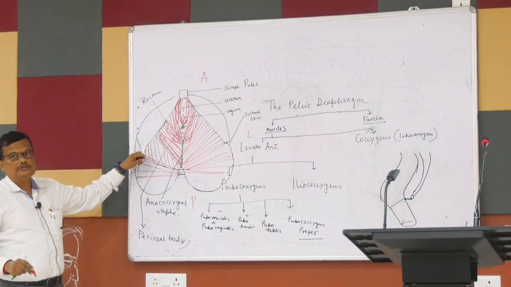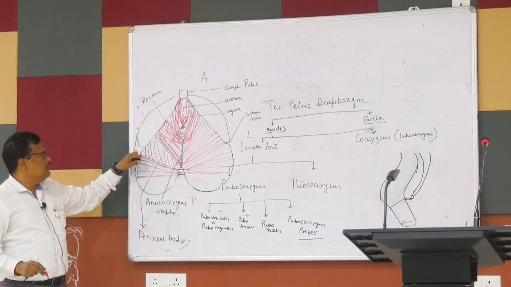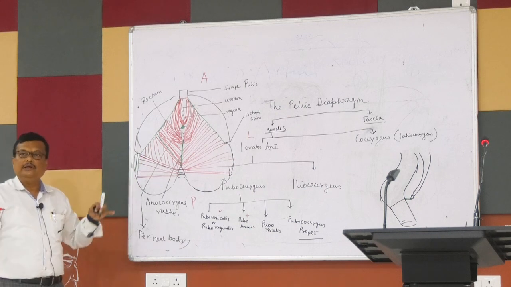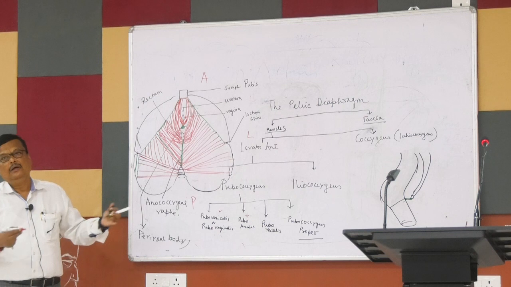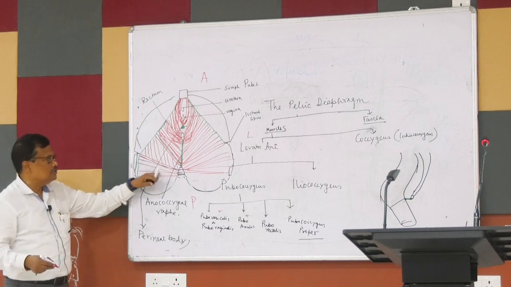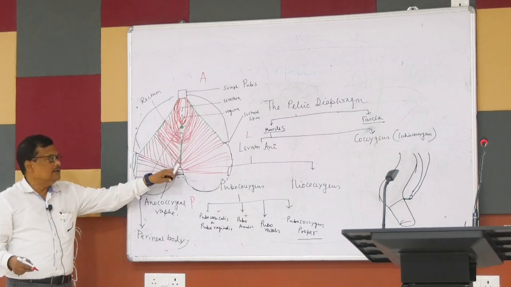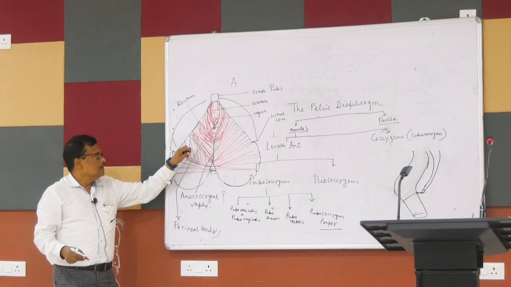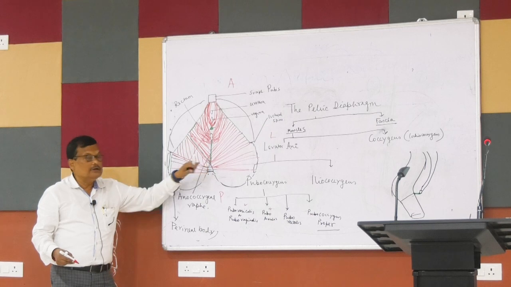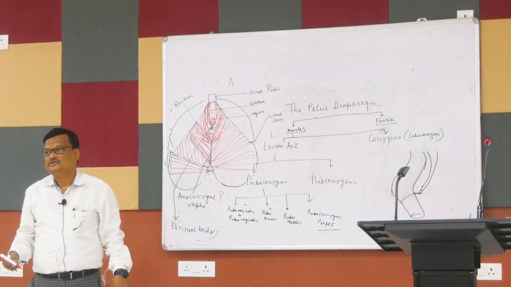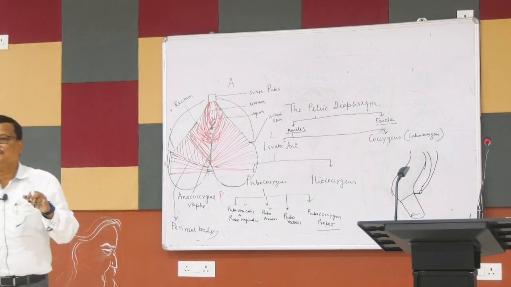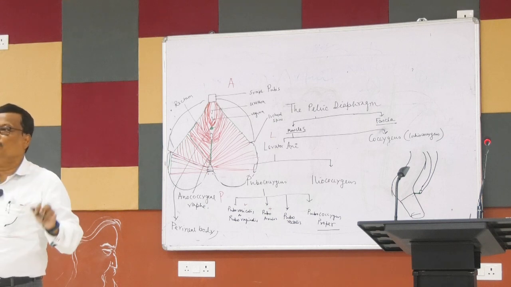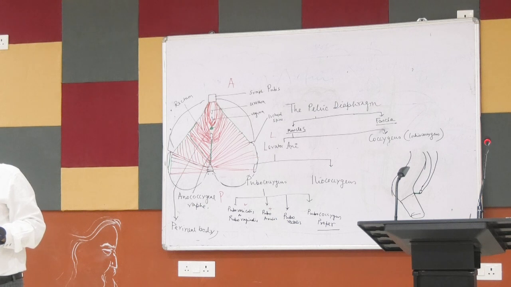The coccygeus muscle takes origin from the tip of the ischial spine and the sacrospinous ligament. The sacrospinous ligament itself is nothing but the morphological remnant of the coccygeus. After its origin, it goes medially and is inserted into the side of the upper two pieces of the coccyx. The ligament is inserted into the lower two pieces of the coccyx, and the coccygeus takes insertion into the upper two pieces. So here we complete the muscles of the pelvic diaphragm.